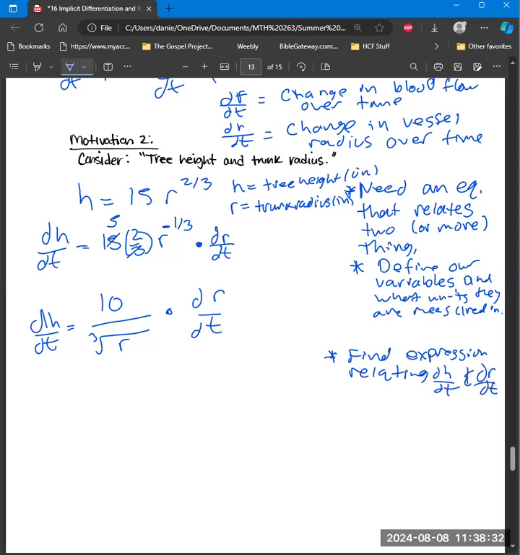We just found it by differentiating, and use any given info from the problem statement to solve for the desired quantity.